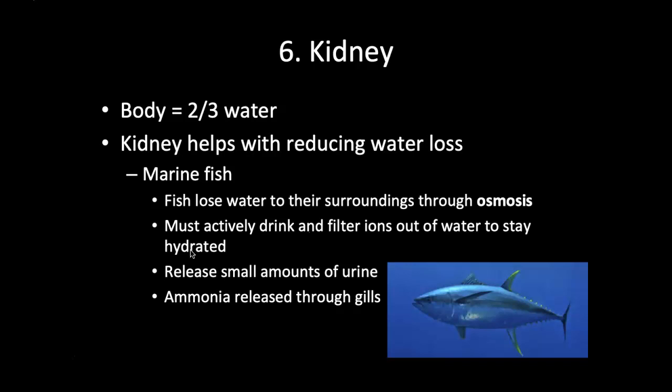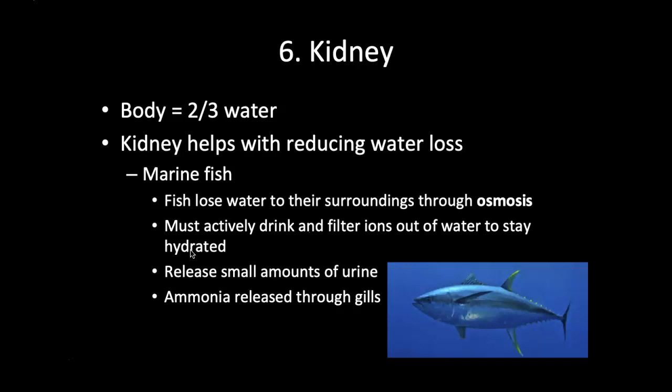Marine fish have a little bit different problem than freshwater fish. Fish are going to be losing water to their surroundings through osmosis. If you think about it, it's kind of like we go back to the egg lab, putting the egg in the syrup, and what would happen there. And so what's going to happen is these fish will actually actively have to drink the water from their surroundings.